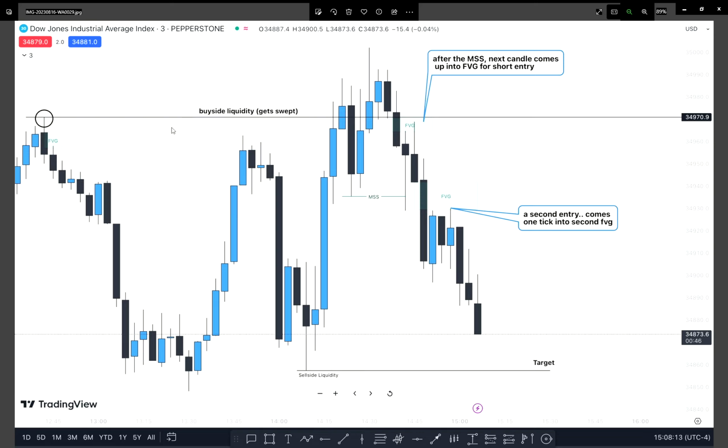So the first part is the liquidity sweep. You can think of it as number one for ICT's strategy. I don't know if this is his only strategy, but for the liquidity sweep, market structure shift, fair value gap strategy that he claims the banks are using, I'm sure you've heard of liquidity zones if you're a price action trader or investor.